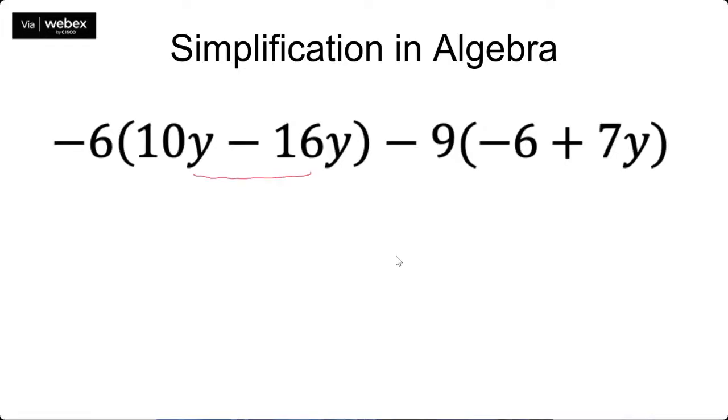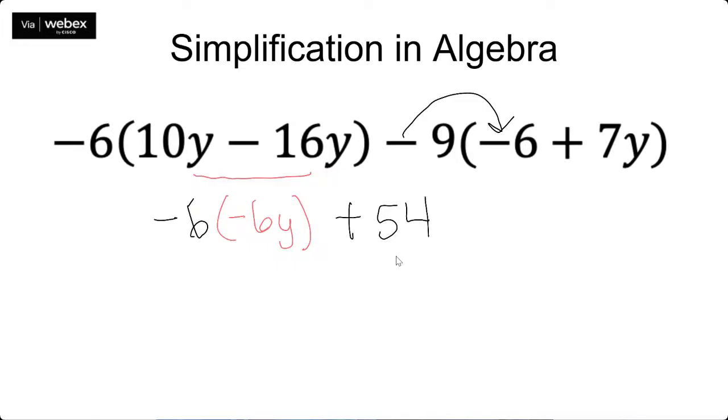And when we did, 10y minus 16y gave us negative 6y. We brought down our negative 6 here. And then we went on to simplify our other piece of the puzzle here. We multiplied negative 9 times negative 6 and got a positive 54.